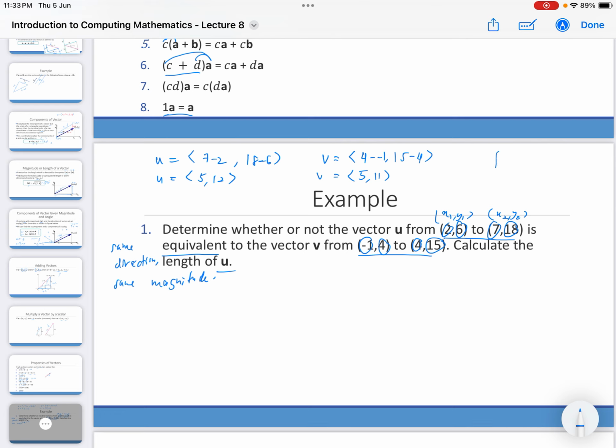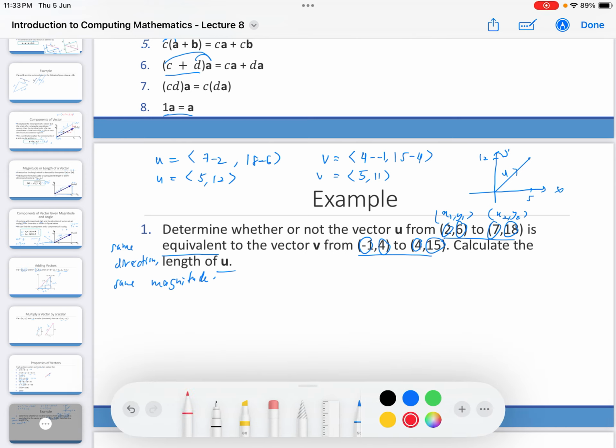Or we can also draw it in the xy plane. So vector u is (5, 12), with the initial point at the origin. So this one is the vector u.